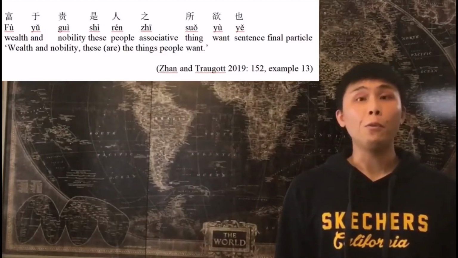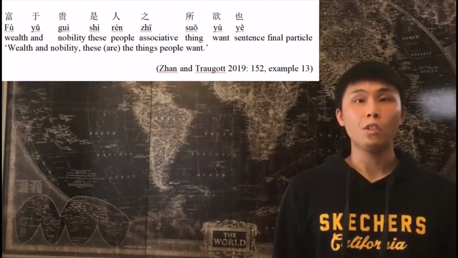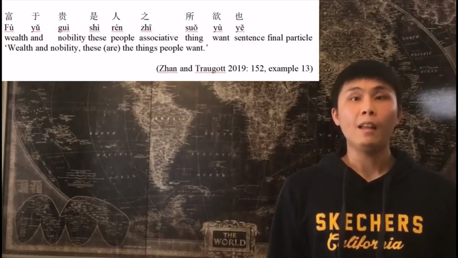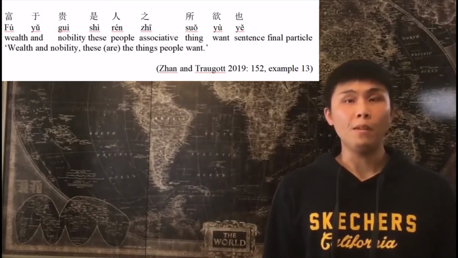According to Wang's 1937 research, he initially suggested that the copular 是 in modern Mandarin Chinese developed from a demonstrative pronoun 是 that was found in archaic Chinese. For example, in the classical Chinese literature 论语, there is a sentence, 富与贵是人之所欲也, meaning wealth and nobility, these are the things people want.